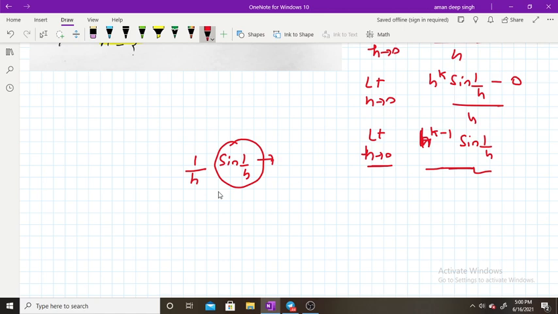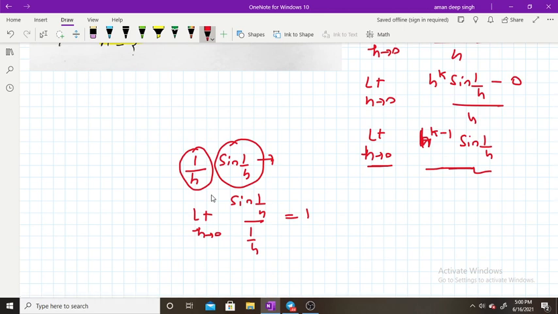Or I can use the method that sine of 1 upon h over 1 upon h is equal to 1. We should note that h should not be in the denominator.